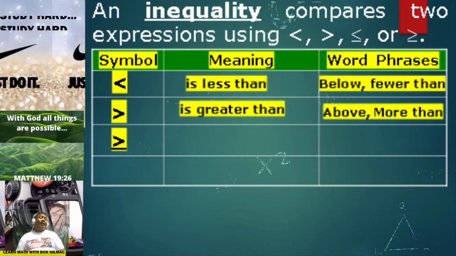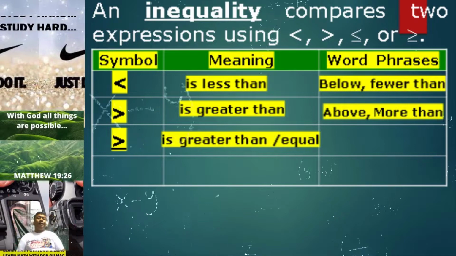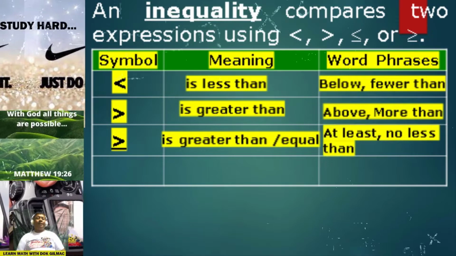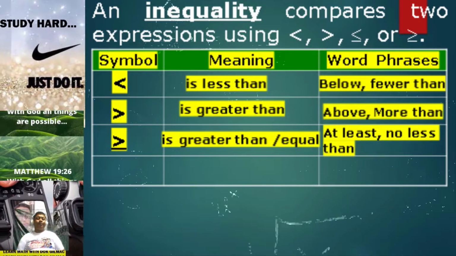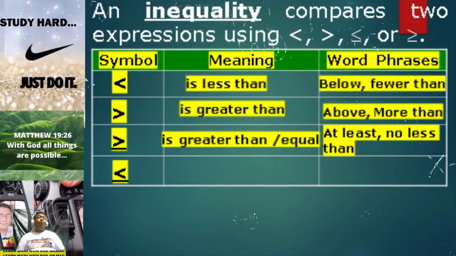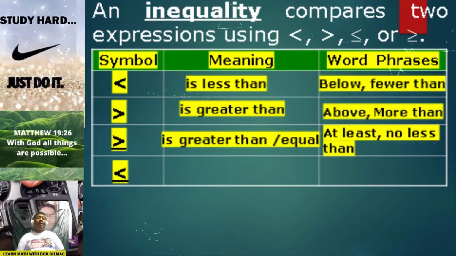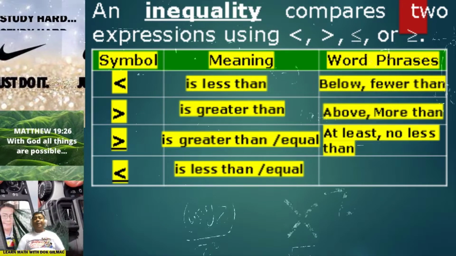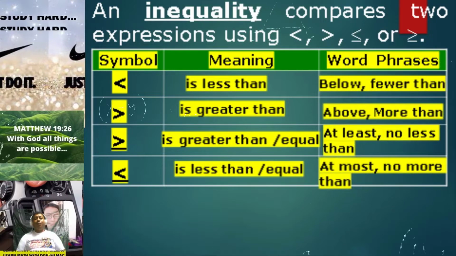For greater than or equal, meaning is greater than or equal. Word phrases: at least, no less than. For the symbol less than or equal, meaning is less than or equal. Word phrases: at most, no more than.